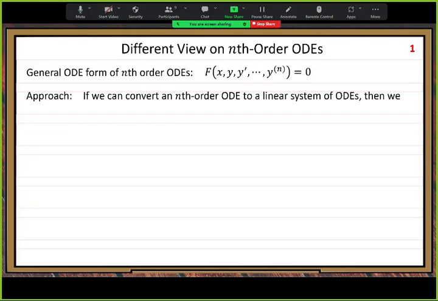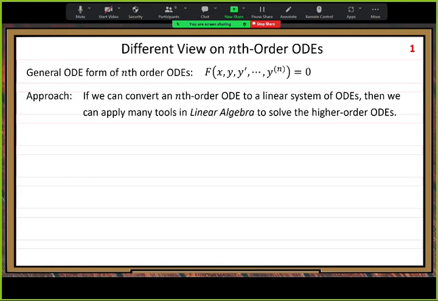If we can convert an nth order ODE to a linear system of ODEs, then we can apply many tools in linear algebra to solve the higher order ODEs. Because if you do not do that conversion, you cannot use linear algebra tools. We know there are many powerful tools in linear algebra, so here we take that approach.